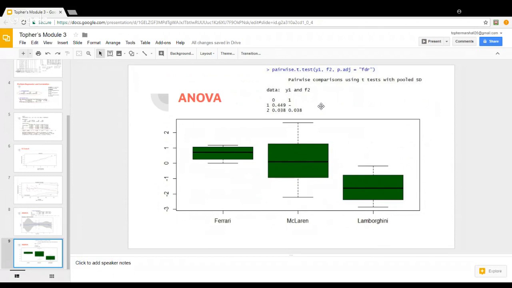It revealed that while the variance is vastly different between Ferrari and McLaren, the means are not significantly different, which would mean that either one of these car companies would be fine, although I think I would choose Ferrari personally. But the Lamborghini lap time mean is significantly worse than both McLaren and Ferrari. So again, you could choose either McLaren or Ferrari, but I personally would choose a Ferrari.